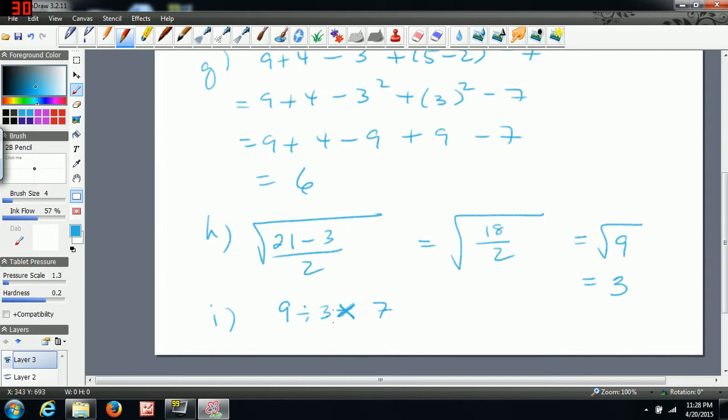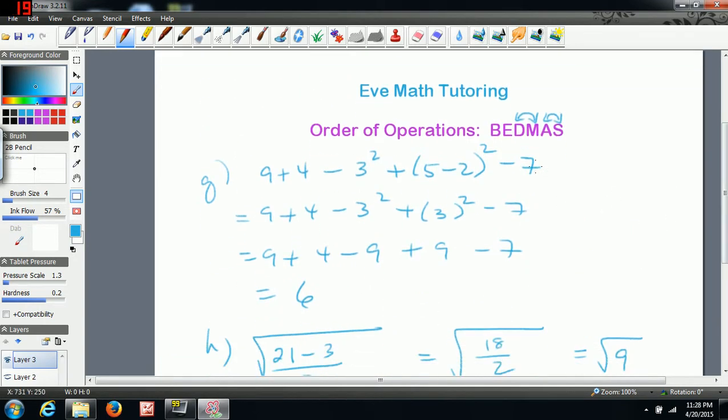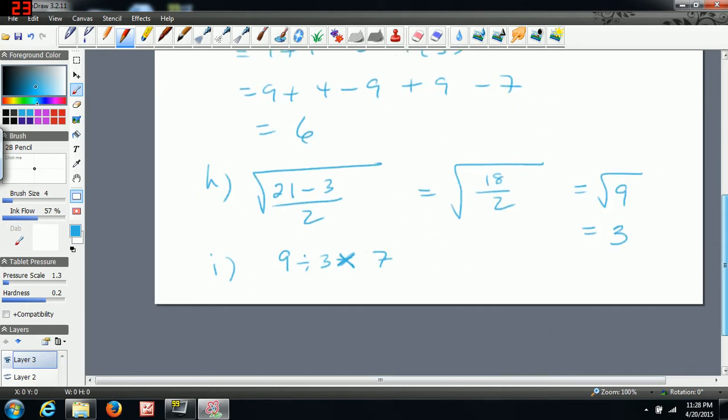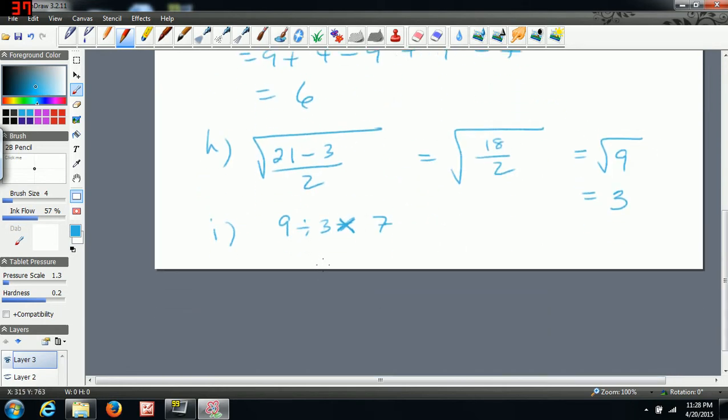Okay, so 9 divided by 3 times 7. So over here we've got division and multiplication. So according to BEDMAS, we can do those in any order. Okay, so 9 divided by 3 is going to give 3, and then times 7, so it's going to be 3 times 7, and then that's going to be 21.